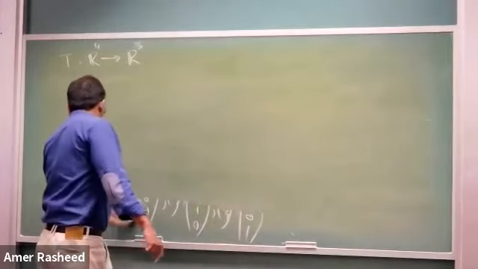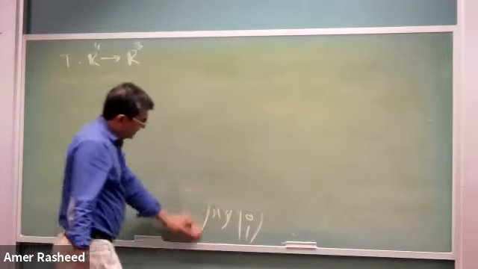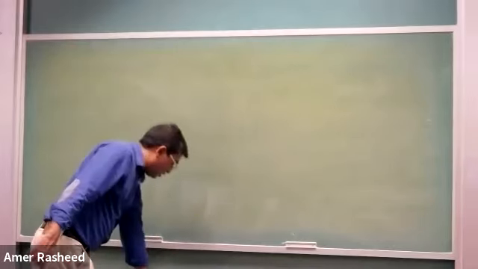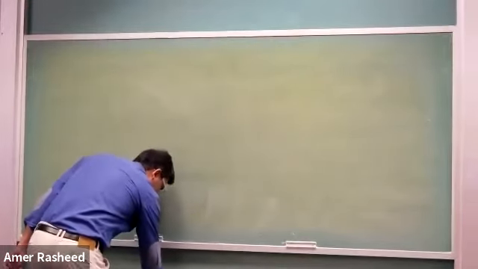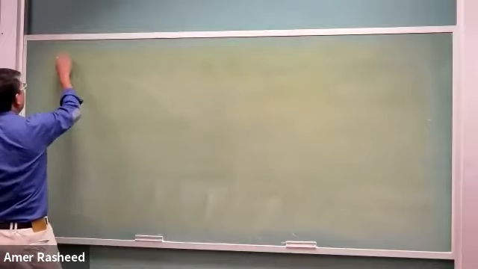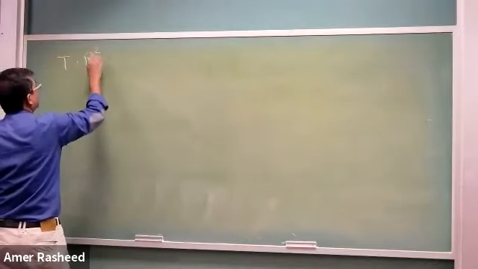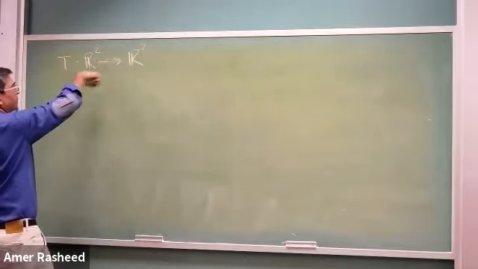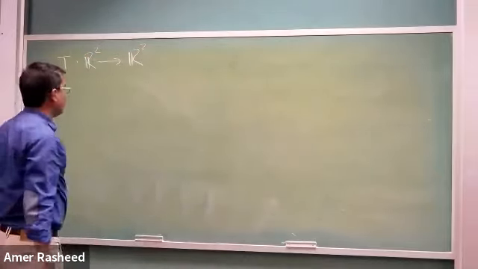For example, some basic linear transformations in R2. We start with the operators. T is a linear transformation from R2 to R2. First, we are going to discuss the transformations from R2 to R2.